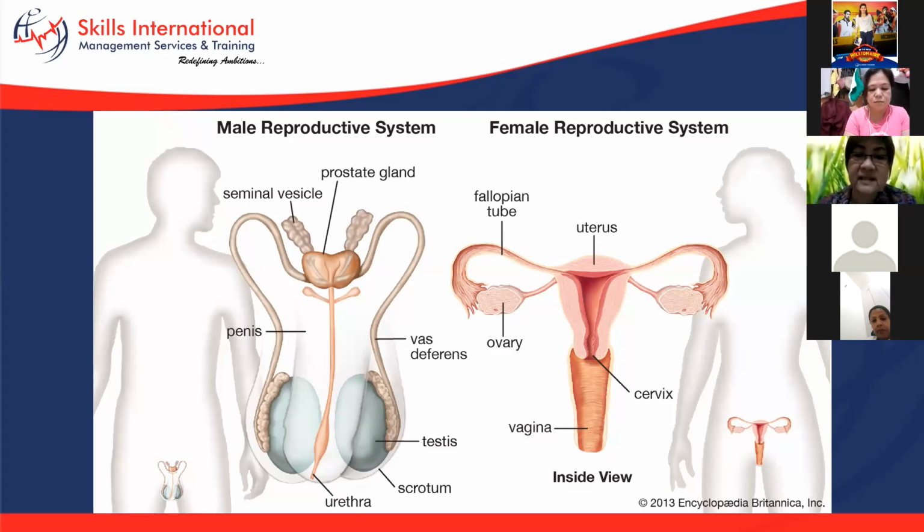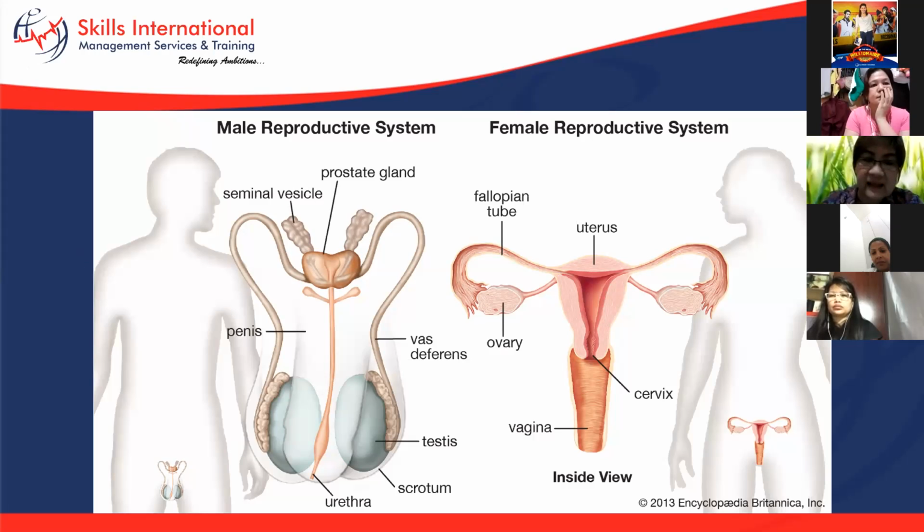To the left is the male reproductive system. And what does it consist of? It consists of the prostate gland, the seminal vesicle, the penis, the vas deferens, the testes, the scrotum, and the urethra.